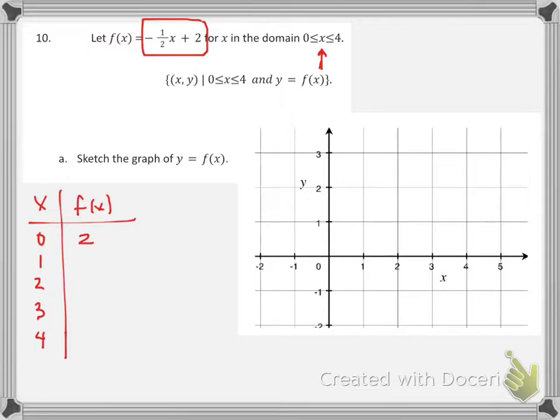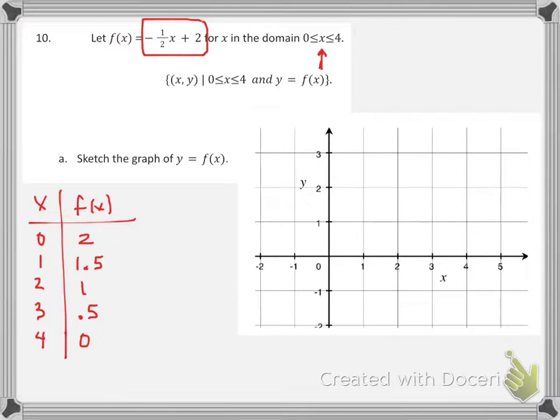And we can continue and put a 1 in, so a negative 1/2 times 1 is a negative 1/2, and a positive 2 would be a positive 1.5. Put a 2 in, we get negative 1/2 times 2, that's a negative 1. A negative 1 and a positive 2 is a positive 1. And I see a pattern. Looks like we're just taking half away every time. So this is going to be a 0.5, and this is going to be a 0.